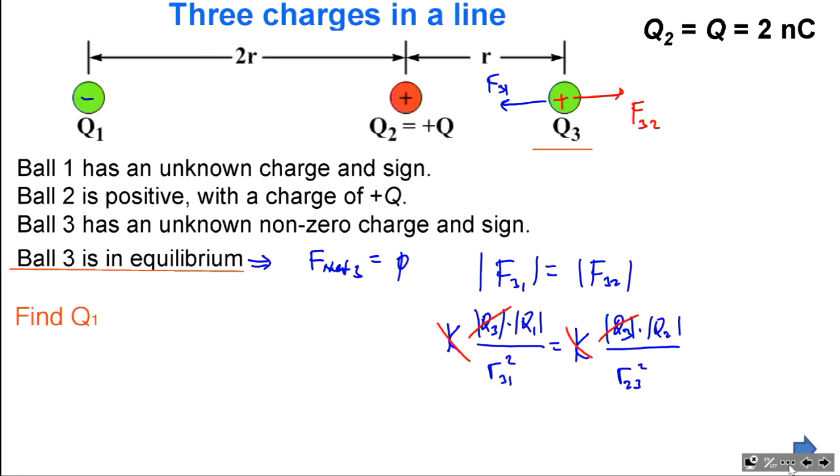So now we can rewrite this expression. Magnitude of Q1, that's what we're looking for, divided by, well, this whole distance, given in terms of some r, 2r plus r, 3r, squared. What did I do wrong and how to fix it?